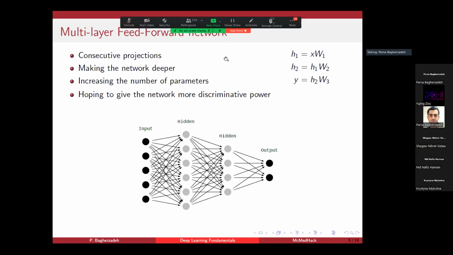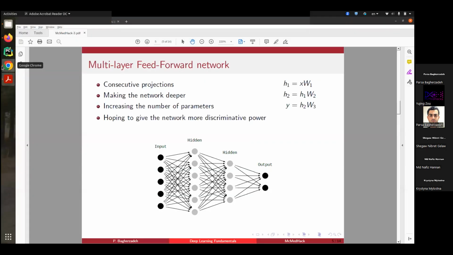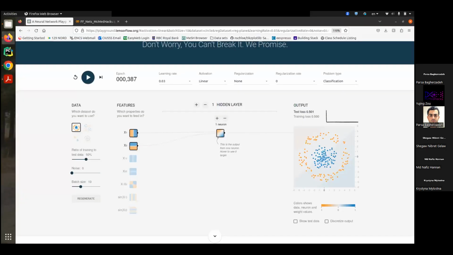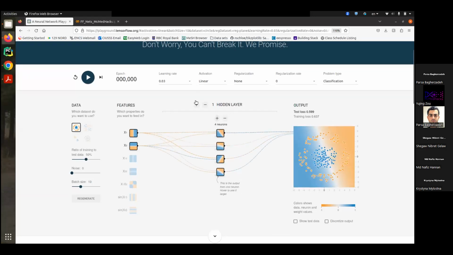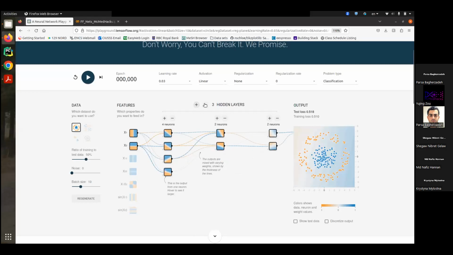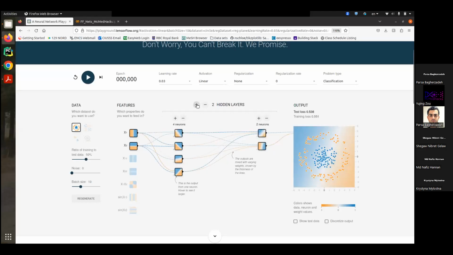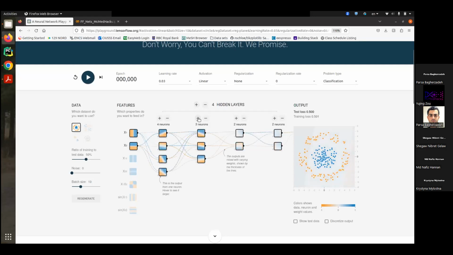So let's see whether, if we increase the number of hidden layers and the number of parameters in my network, I can increase the learning capacity of this network. Can this network, now that it is more complicated and deeper, separate the two classes, the two distributions here? Let's see.